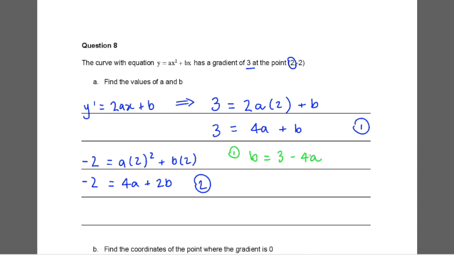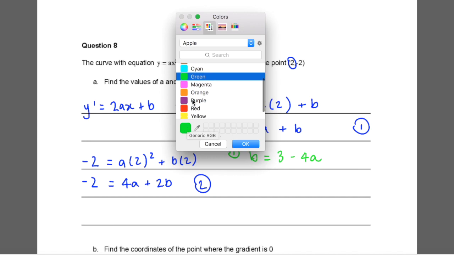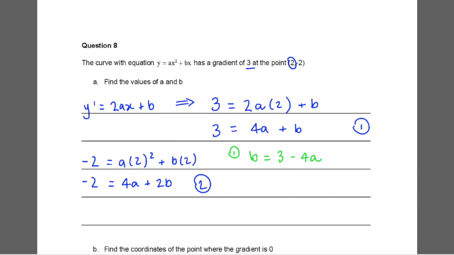So now I'm going to substitute this b of 3 minus 4a into number 2. So that's going to give us negative 2 equals 4 times a plus 2 times 3 minus 4a.